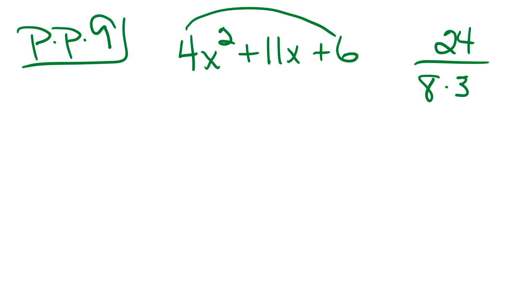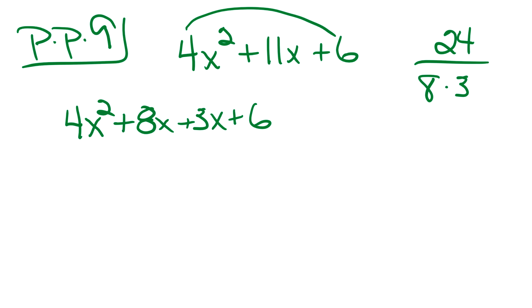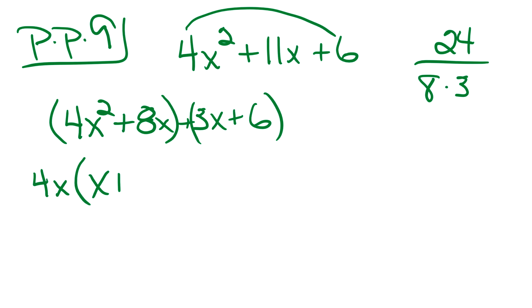Let's rewrite the problem now. So here I'm going to have a 4x squared plus 8x plus 3x plus 6. Take a good look at that. I'm going to group them now, two binomials, and factor each of the binomials. So on the left side, I can take out a 4x and put back x plus 2.